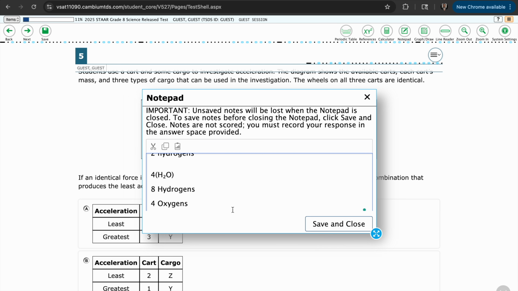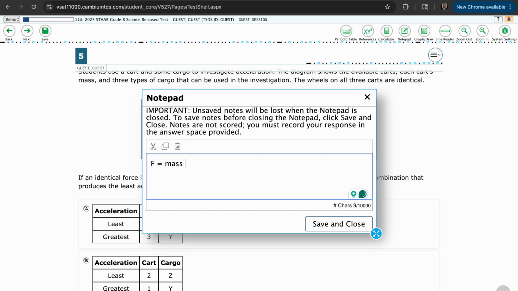So for questions like this, I like to kind of write out what I'm working with. So we have force is equal to mass times acceleration. Okay. Now we are using an identical force.